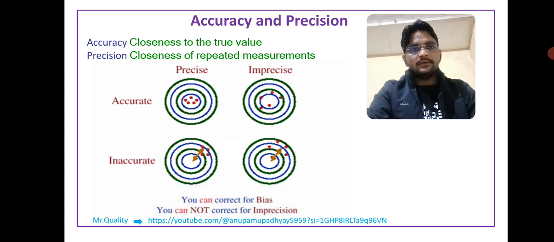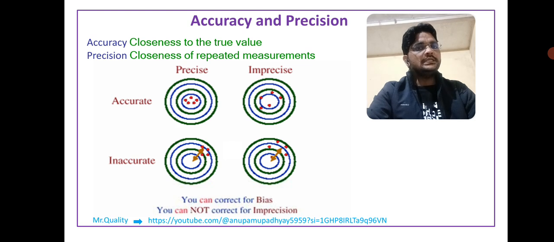In the second diagram, the measurements are away from each other, but near the center line or true value. The measurement is accurate, but each measurement is different, not repeated, so it is imprecise. Accurate but imprecise. In the third diagram, values are very close to each other, but away from the true value or center value.